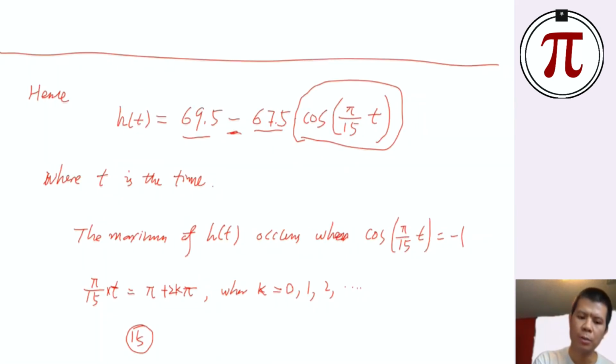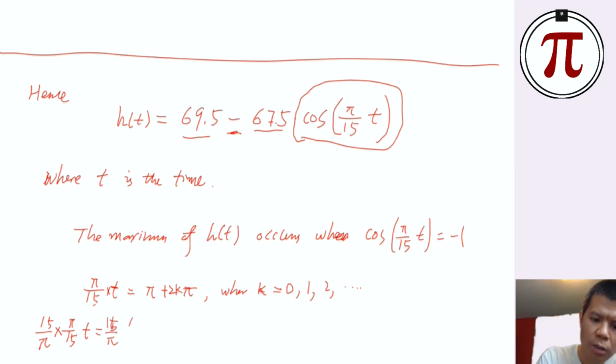So it is when t equals, okay. So if you can solve this one, if it equals pi plus 2k pi, you can just multiply both sides by 15 over pi. So 15 over pi times pi plus 2k pi.